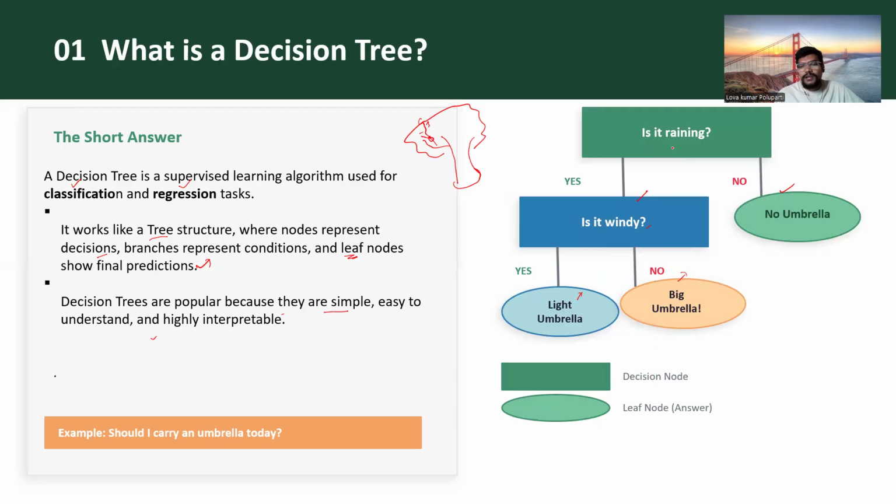So how you can make this one is, generally the decision tree looks like a tree trunk, and it is actually a reversing of your tree.